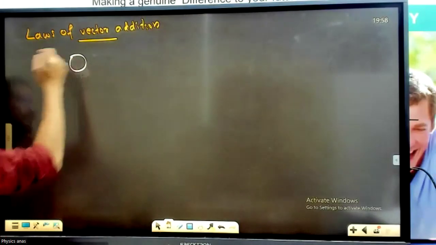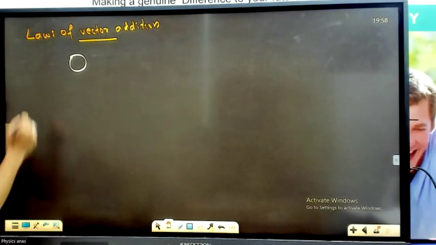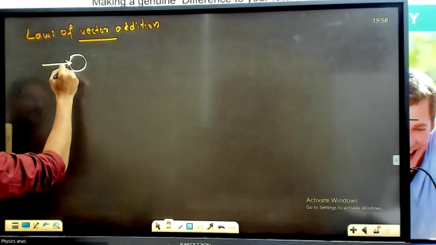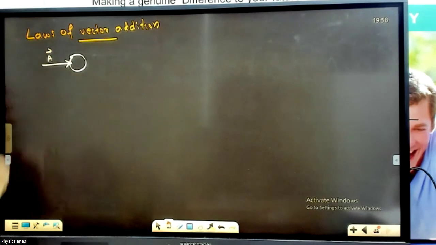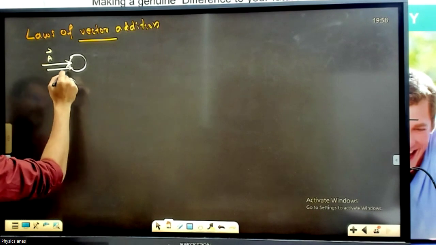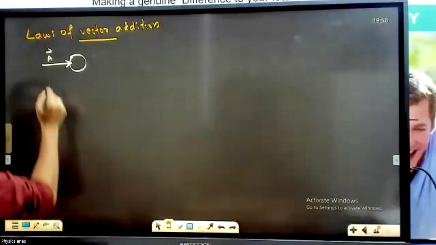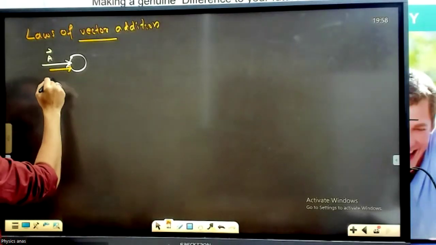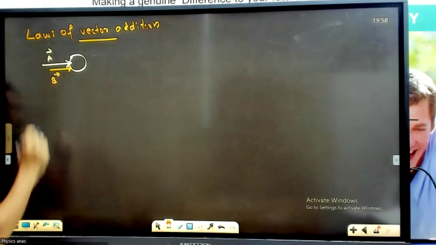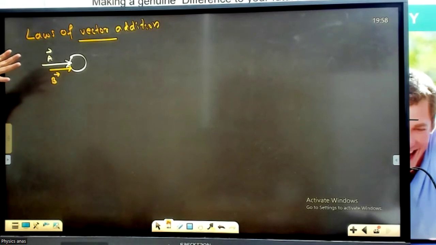You have a ball like this, and you are applying a force A on this ball. And you are applying another force B in the same direction. What will be the total force on the ball?